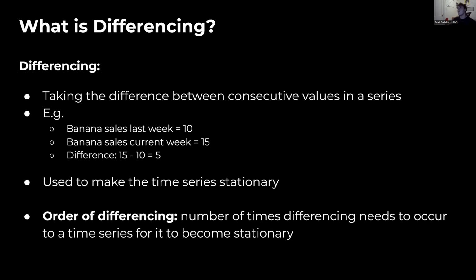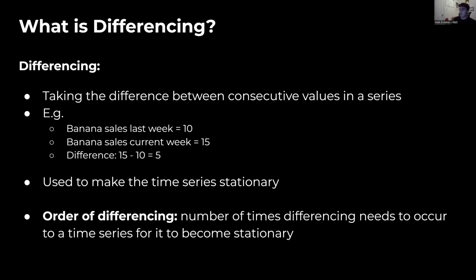So if you think about it, like if you have a line, right? And so you know that a line has a rise and a run, right? If you are to do like a y2 minus y1 over x2 minus x1, you're able to find the slope of the line, right? And so that's basically what differencing is, that you are taking the difference between two data points to find the linear increase, or differencing.